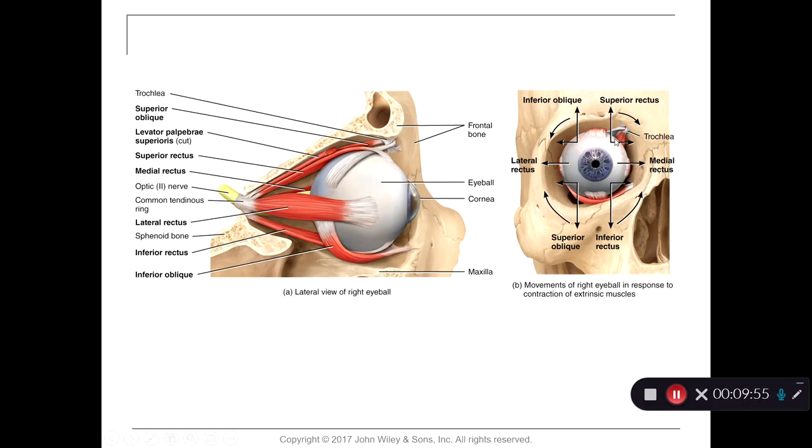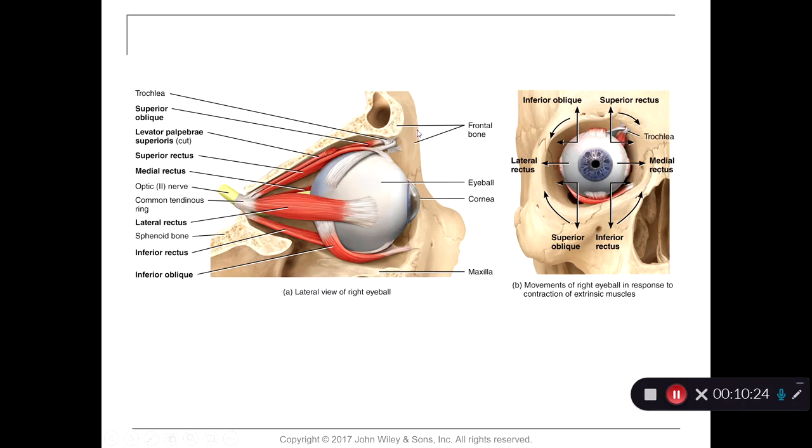You do have 2 other muscles that are a little bit counterintuitive as to what they do. They are the obliques. The names superior and inferior oblique just refer to their position in the eye socket, the inferior being below, the superior being up above. The superior oblique, you'll see, is feeding through this trochlea, this ligament. That way it can redirect the movement of this muscle and its effects.